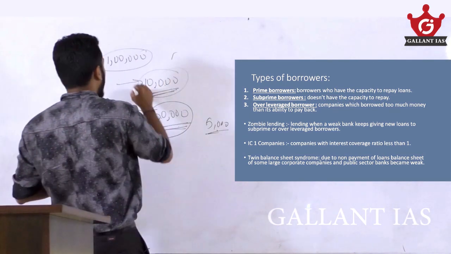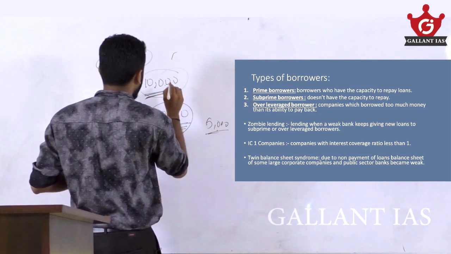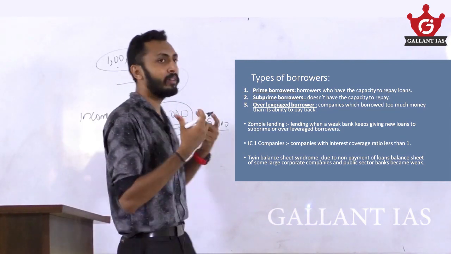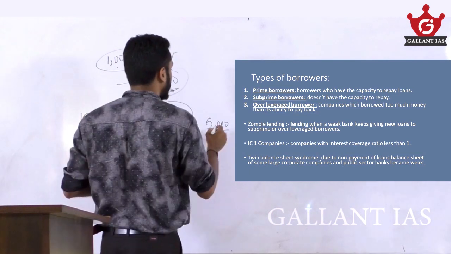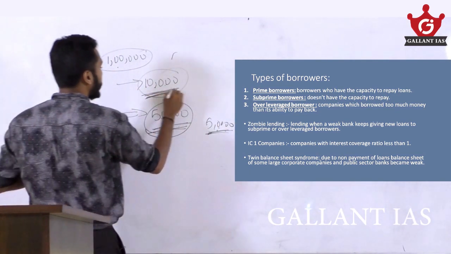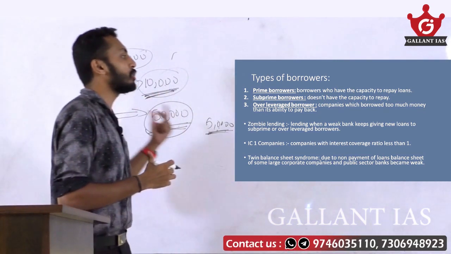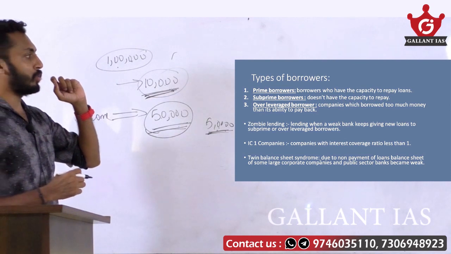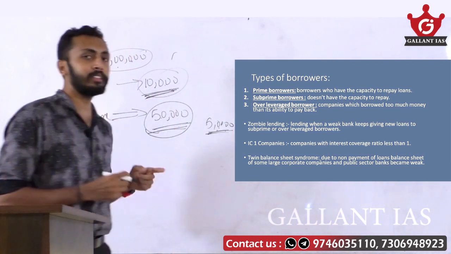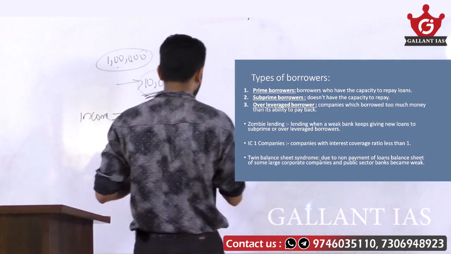Like I said, I took a 1 lakh rupees loan and I have to pay 10,000 rupees monthly, but I just have an income of 8,000 or 5,000 rupees, lower than the monthly payment required for this loan. Those persons who don't have the capacity to repay loans are known as subprime borrowers.